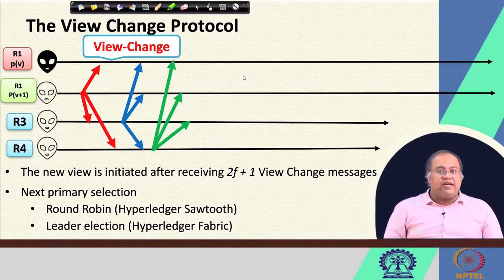Or you can use a leader election mechanism. That leader election mechanism can run Paxos or a Paxos-like protocol to select a leader, and based on that leader election you can move to the next view. You can select one node as the primary. Hyperledger Fabric uses such leader election to select the primary.